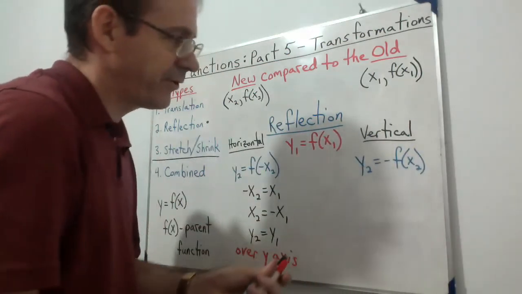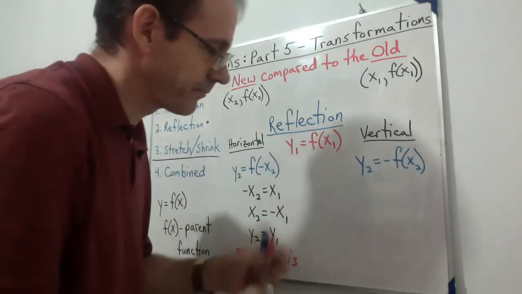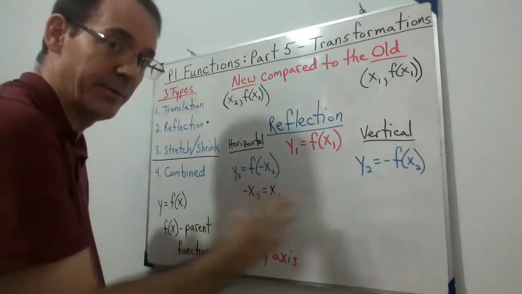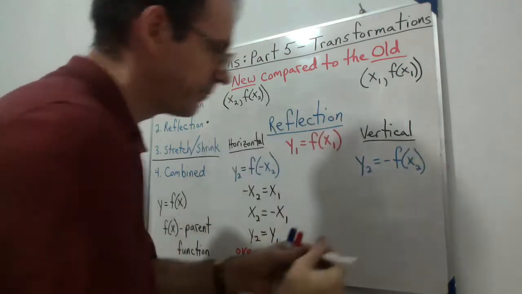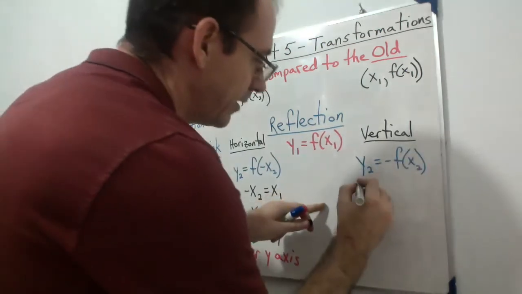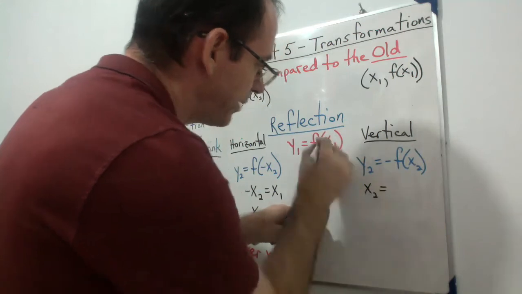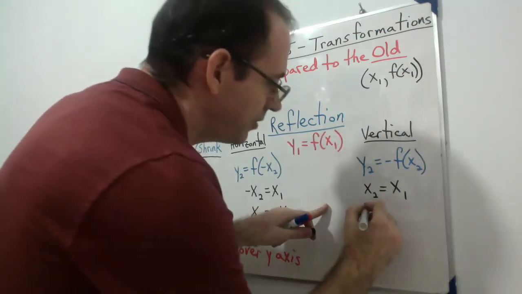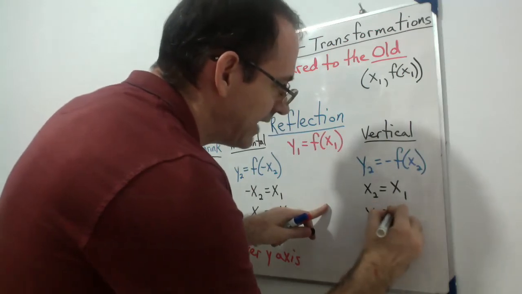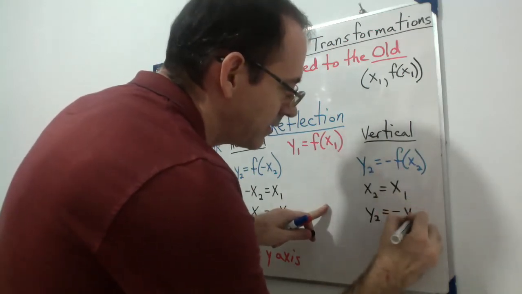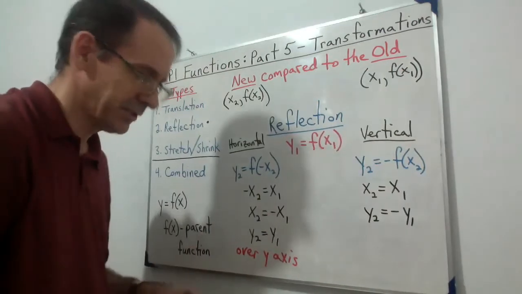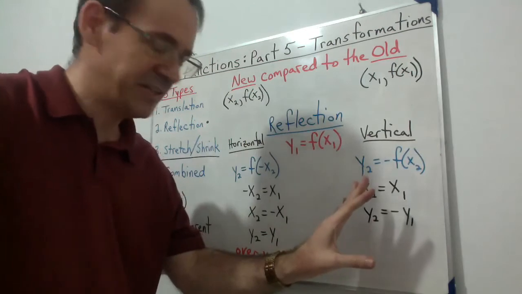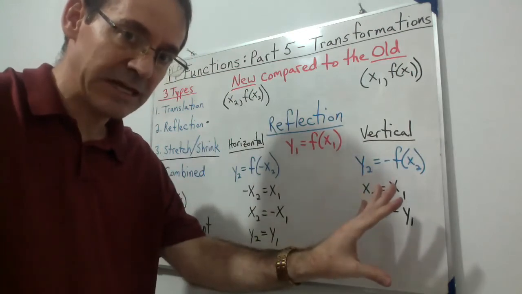If you have a vertical reflection, by the way, this is horizontal, okay? But it's over the y-axis. If you compare your x2 simply replaces x1, meaning no change to your x values, your y2 is a negative of the original function. So in this case, your x value stayed the same. So if it was positive, it stayed positive.